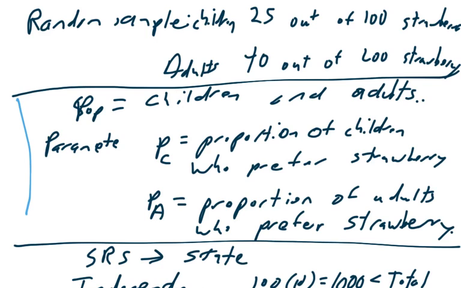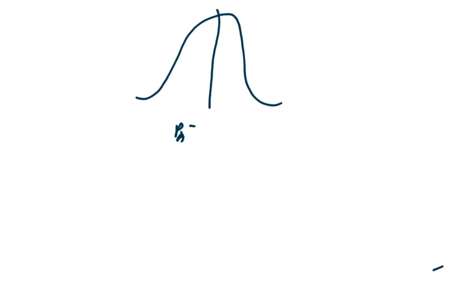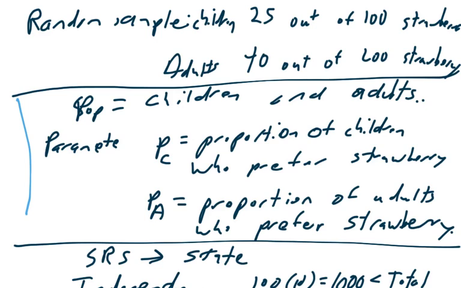All right. So here we have the normal curve, where PA is equal to PC, and sigma is equal to, so really I should do this as PA minus PC. Which one do we use first?